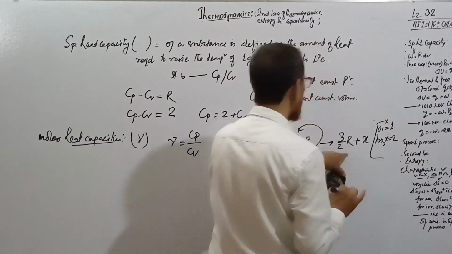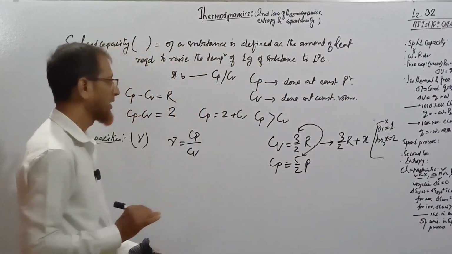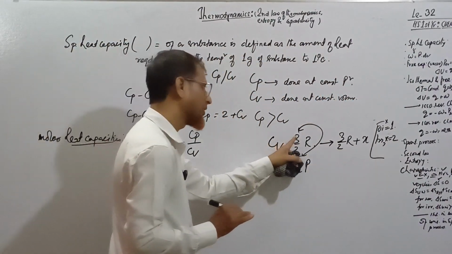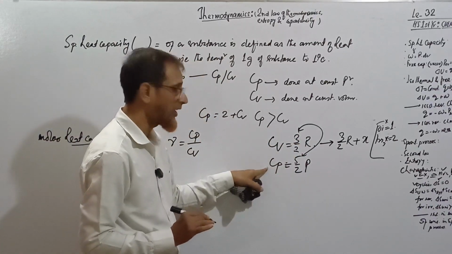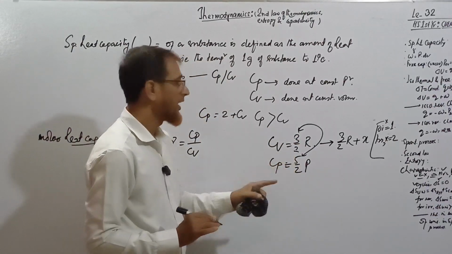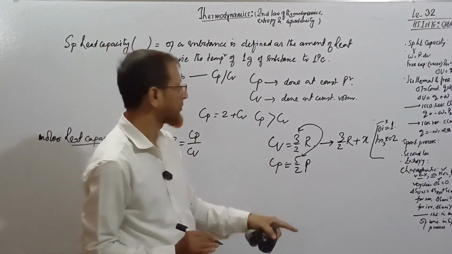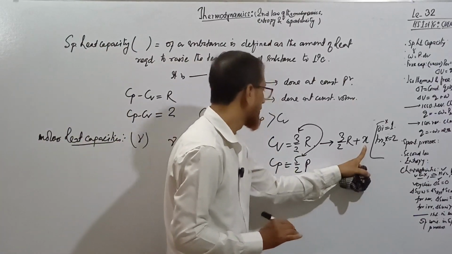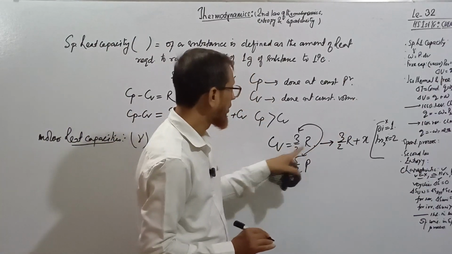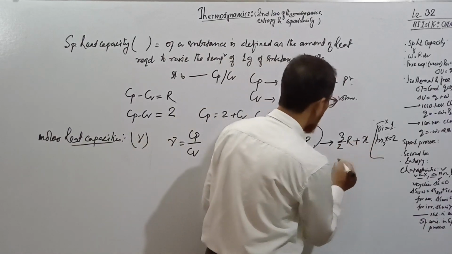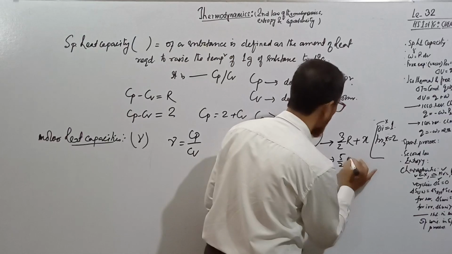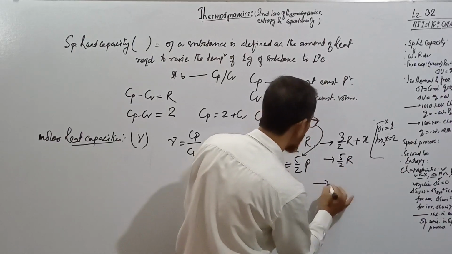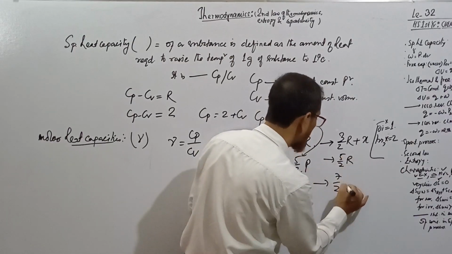You just add it up. So for monoatomic, Cv is 3 by 2 R and Cp is 5 by 2 R. For diatomic, you place 1 here: first you find Cv, which will be 5 by 2 R, and your Cp will be 7 by 2 R. You just add 2.